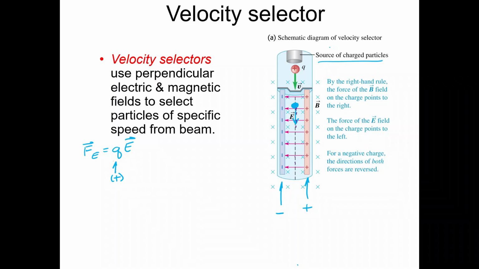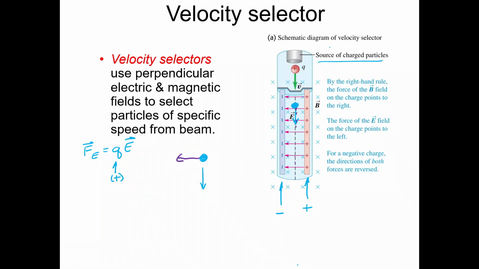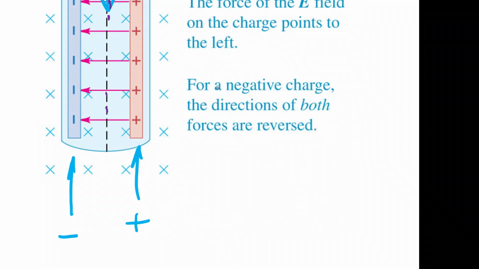That means our electric field and our electric force are in the same direction. If it was a negative charge, they would be in opposite directions. Since our electric field is pointing to the left, our charged particle is going to feel an electric force to the left. The stronger the charge, or the bigger the electric field, the bigger that force is going to be. At the same time, we have a magnetic force.